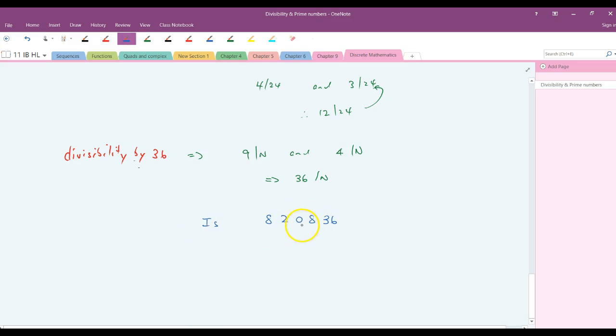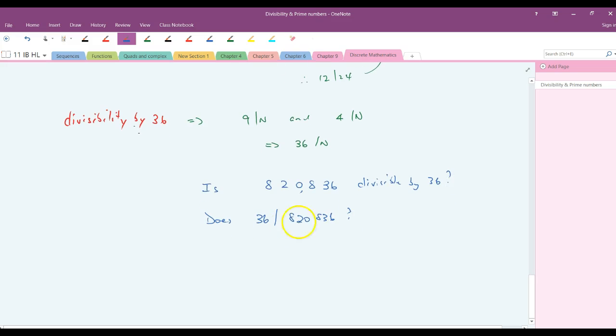Is 820,836 divisible by 36? Another way of looking at that in shorthand is, does 36 divide into 820,836?